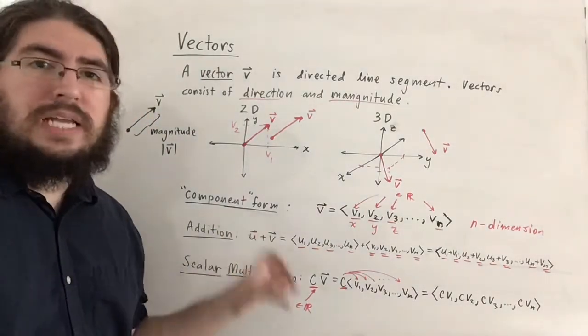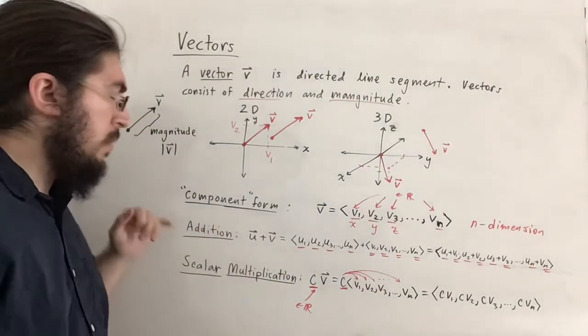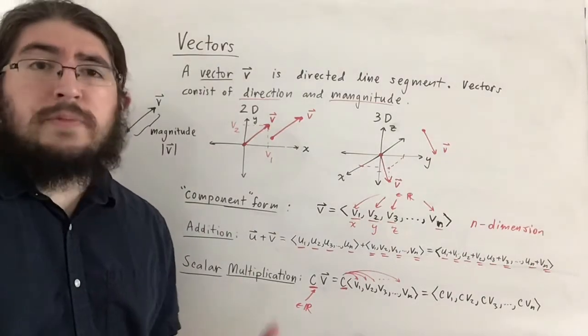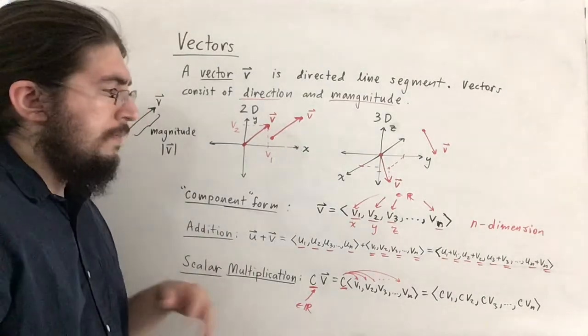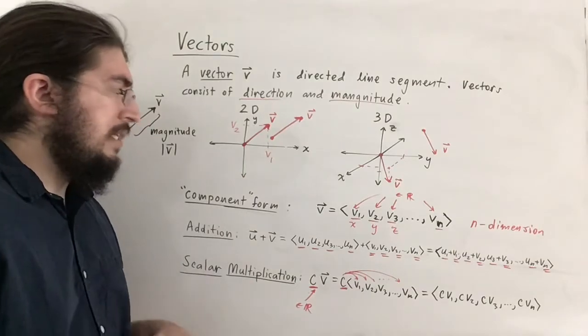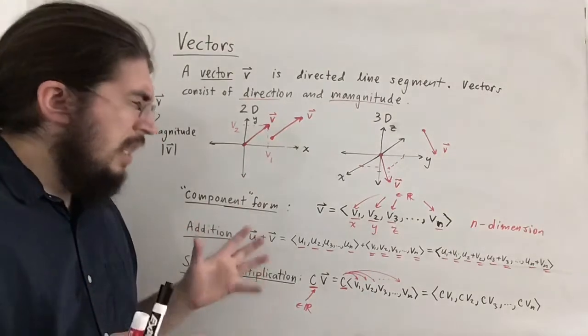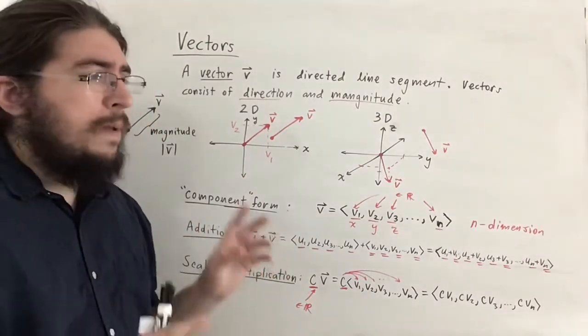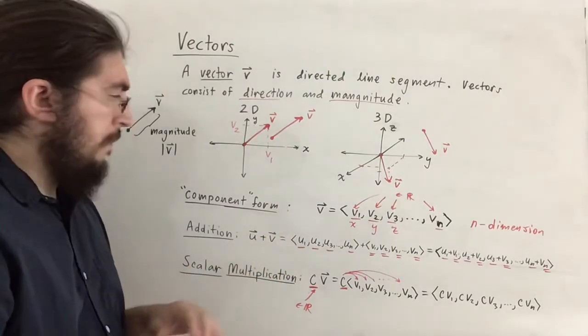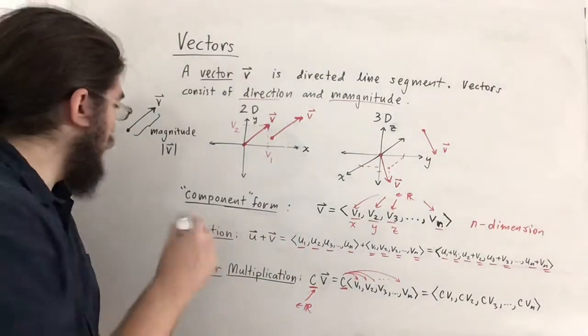Now there are visualizations, and I kind of spoke about the scalar multiplication one. The addition one's a little harder to describe in 3 dimensions. We'll possibly do an example in a little bit involving 2 dimensions, but long story short, when you're adding 2 vectors, basically you're considering a parallelogram created by the 2 vectors.